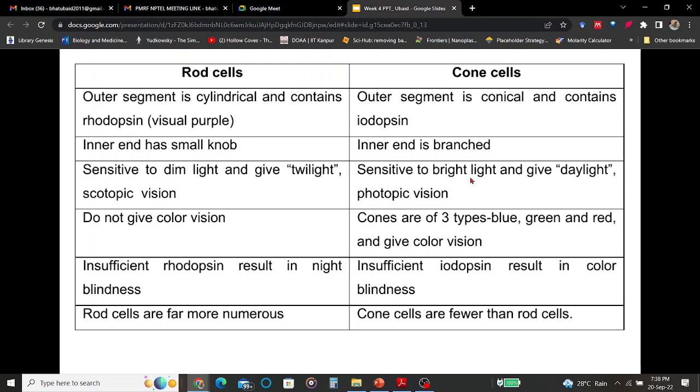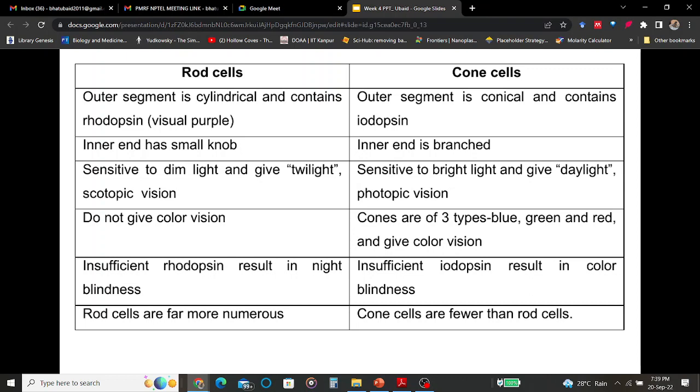Cone cells are sensitive to bright light and give daylight photopic vision. They are activated in the day when there is more light, when the light is very bright.